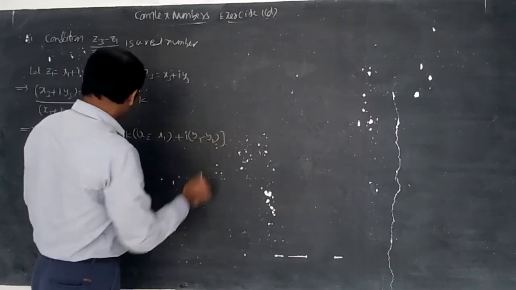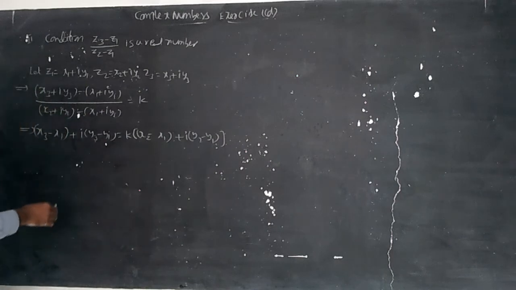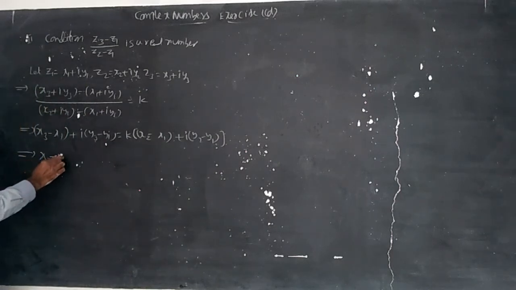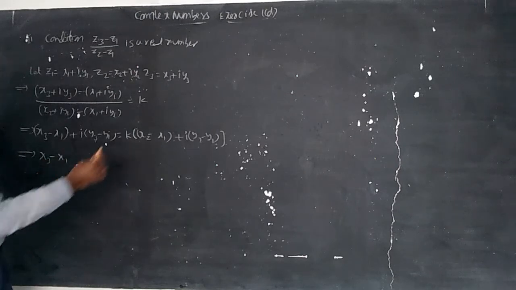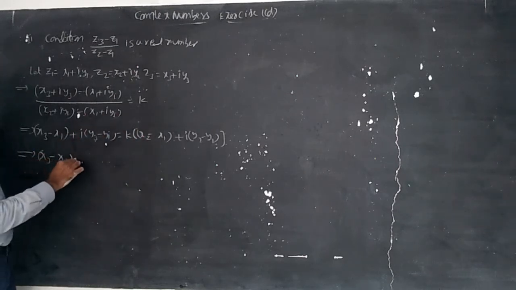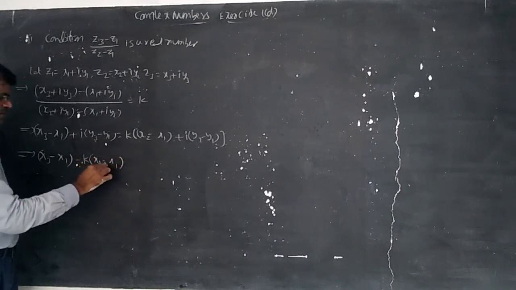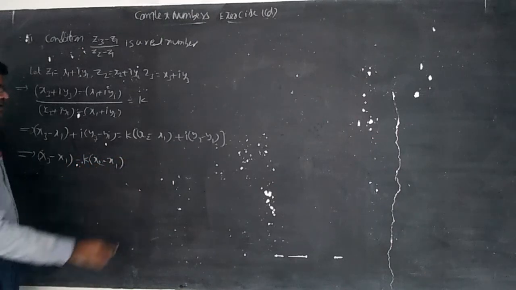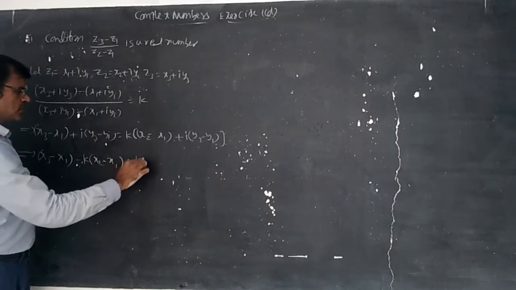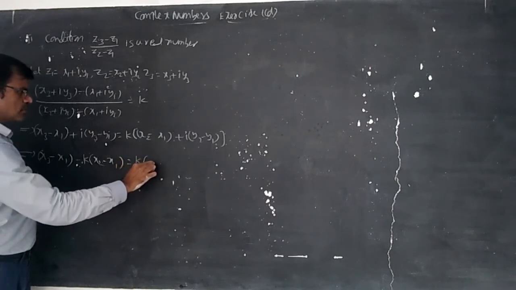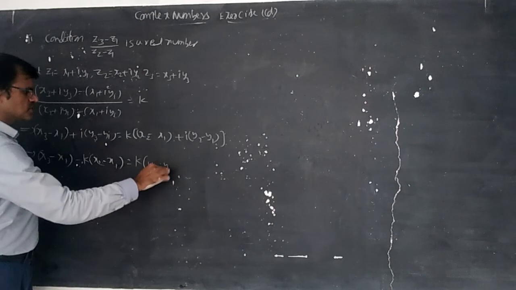Next one, x3 minus x1 is equal to K into x2 minus x1, and i into y3 minus y1 is equal to i K into y2 minus y1.